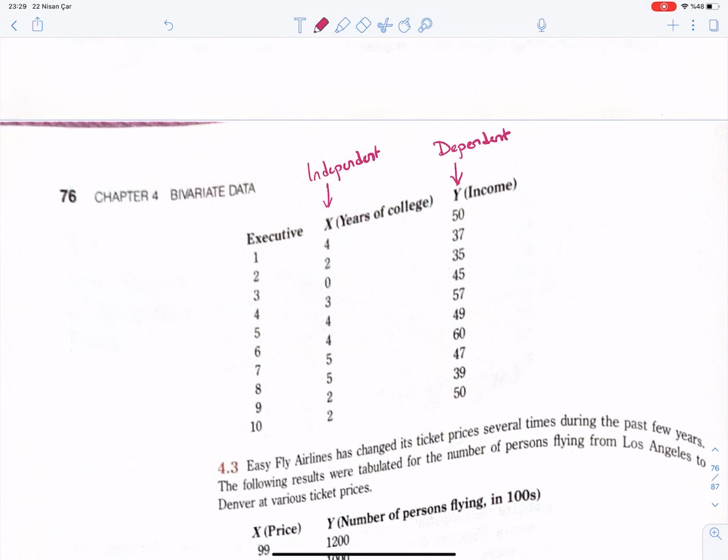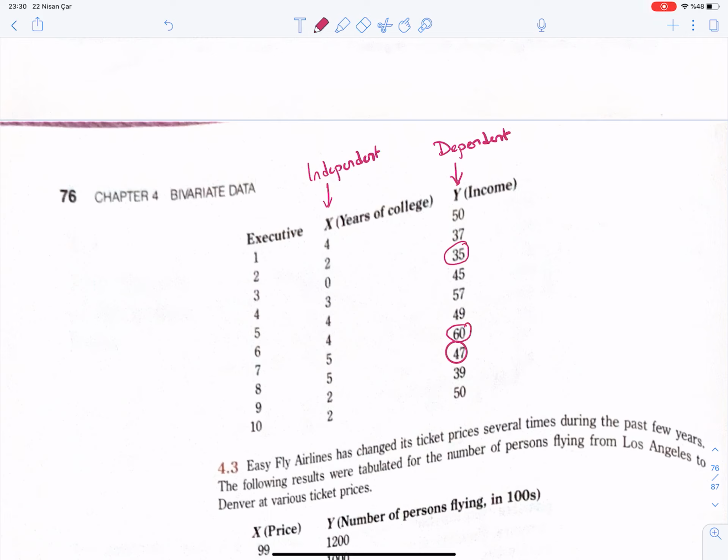So the first guy is spending 4 years in college, and his income is very high, 50. A person spending no years in college tends to get $35,000 a year. And another guy, spending 5 years, will get $60,000 a year. Another one with 5 years doesn't necessarily get the same amount of income.